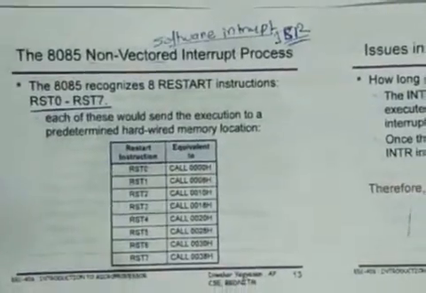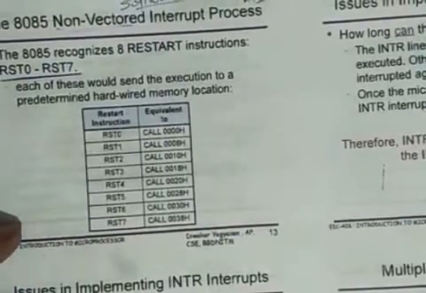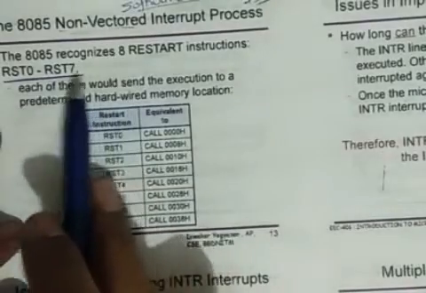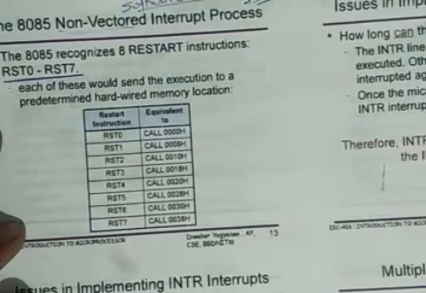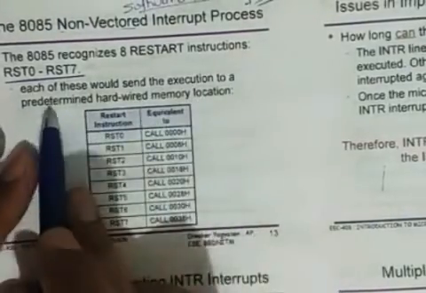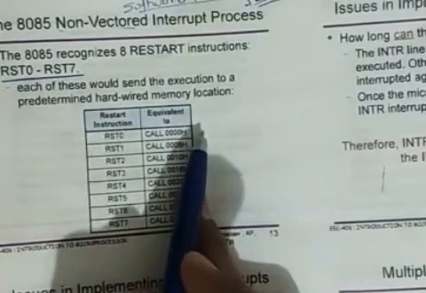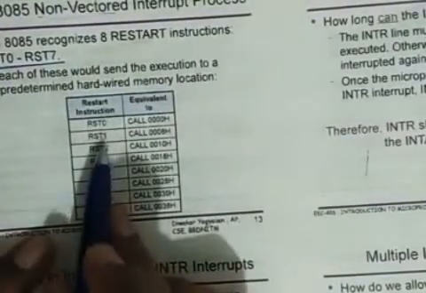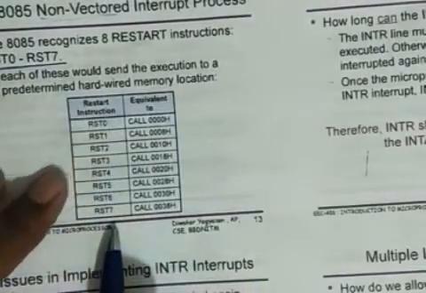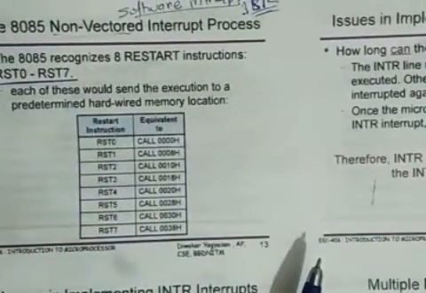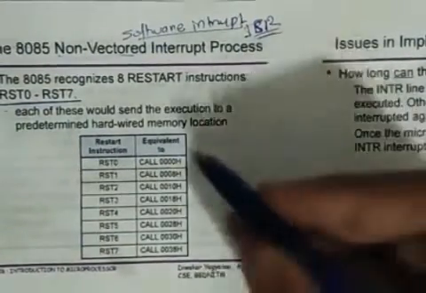So here we have a very interesting relation regarding these non-vectored interrupts, RST0 to RST7. Each of these sends the execution to a predetermined hardware memory location. In this case we are provided with the address.